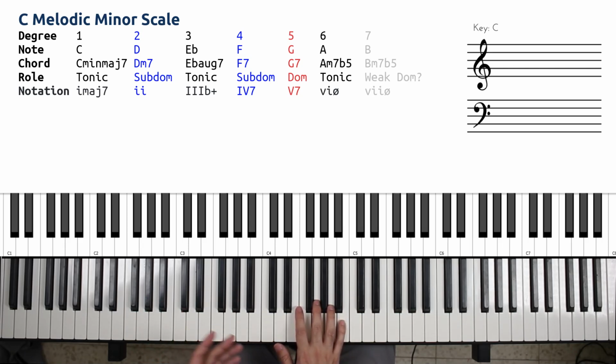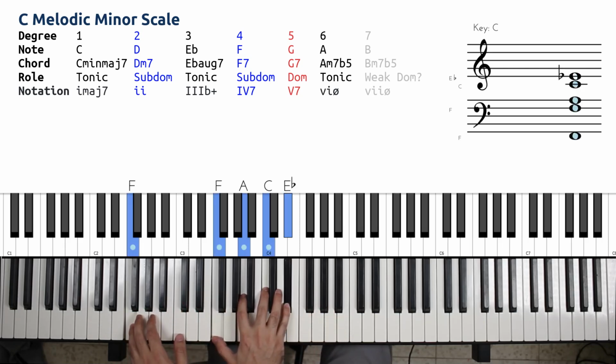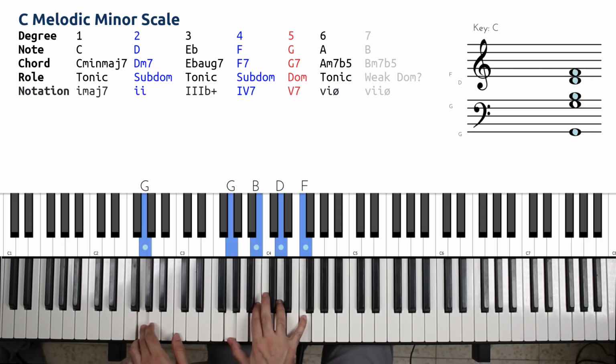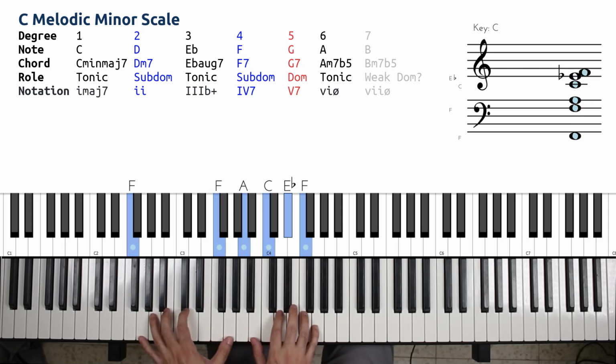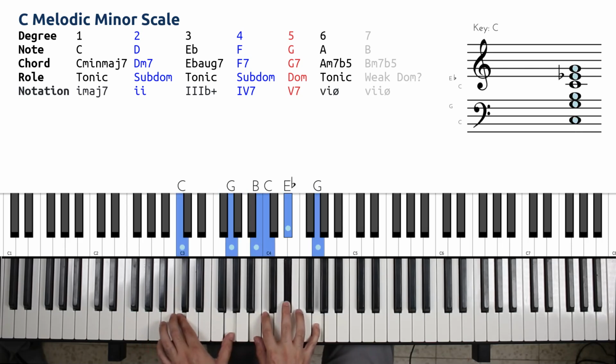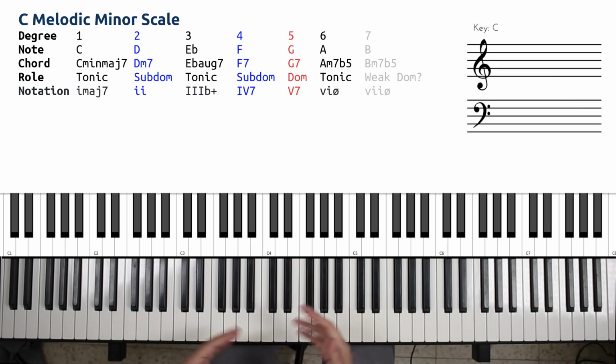Well, let's try a 4-5-1. So this is an F dominant 7, G dominant 7, C minor major 7. Alright, sounds kind of minor. And quite different from the major version.